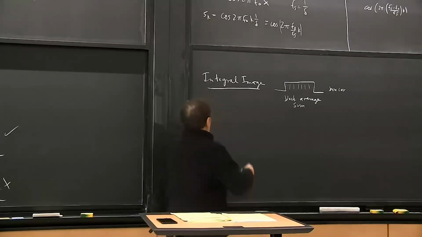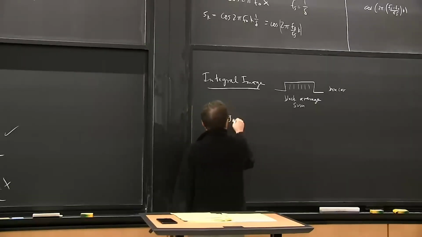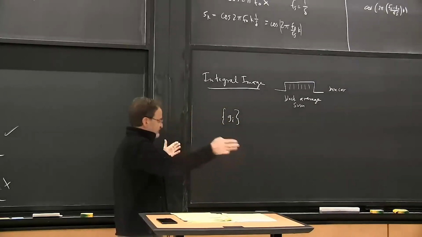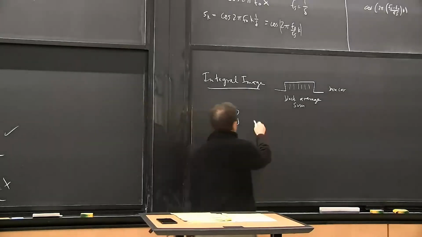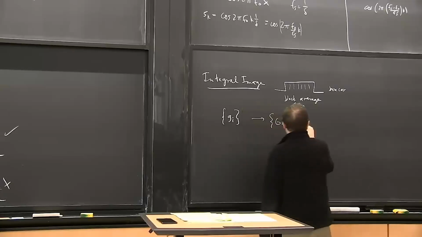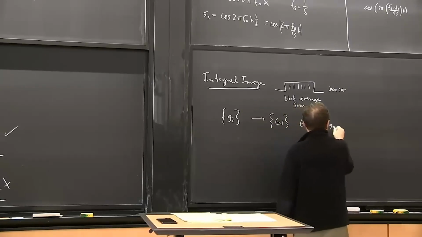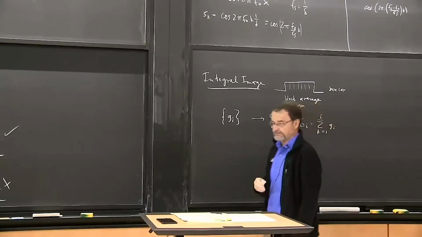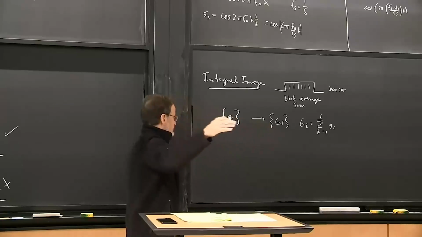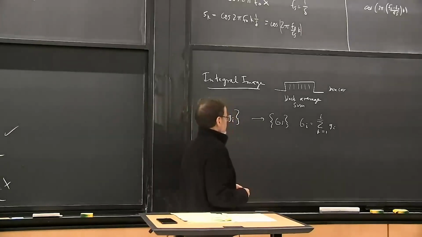So let's suppose that we have G for gray level. We have a sequence G of I, and we're going to transform it into a sequence big G of I, where big G of I is the running sum. So we just, left to right, add up the gray levels, which seems like a weird thing to do.